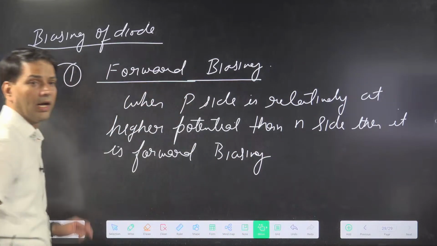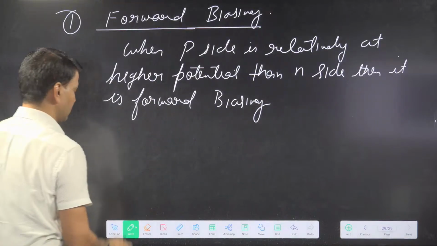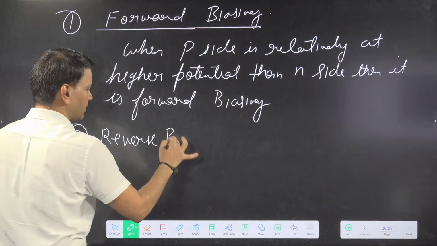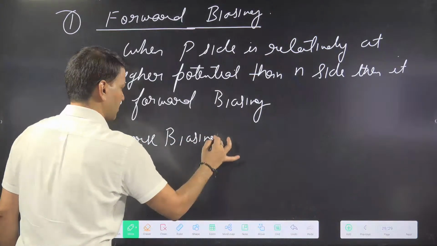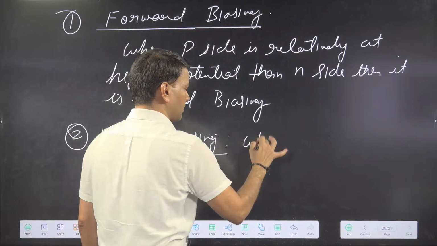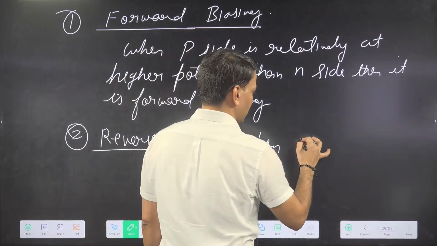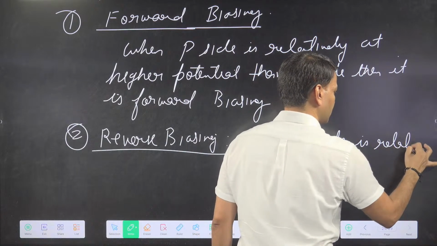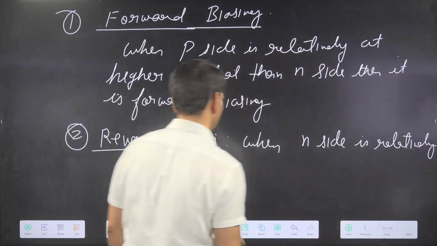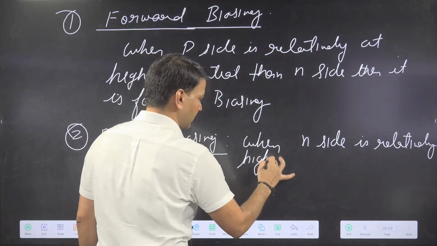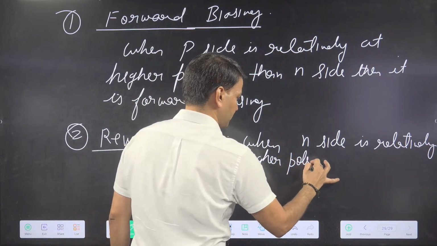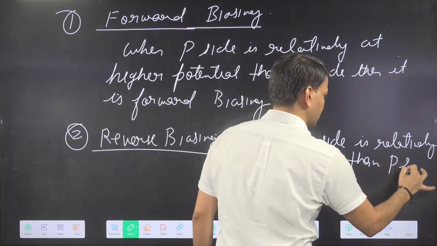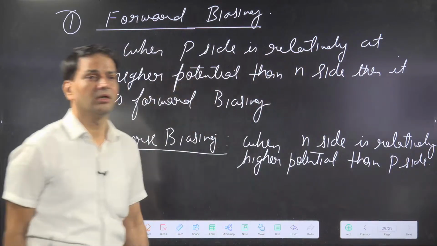And when P is at lower, then it is called reverse biasing. Reverse biasing is what? When N side is relatively at higher potential than P side, then it is called reverse bias.